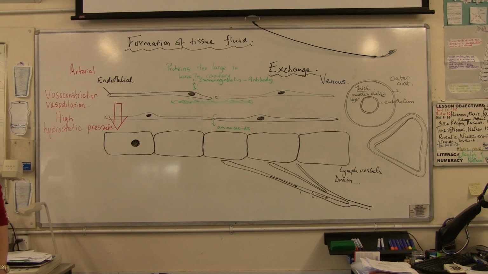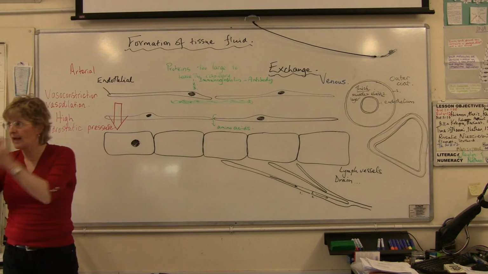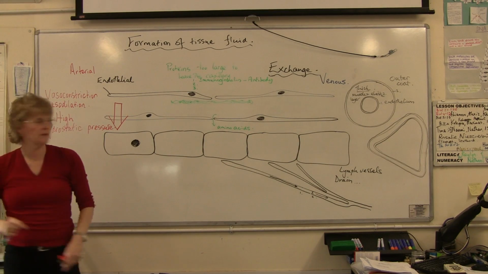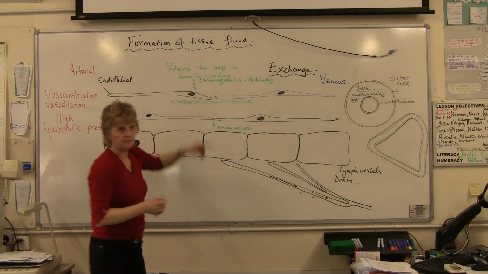Once that activated B cell becomes a plasma cell, it will then produce antibodies which will bind to that antigen, okay, and coat it and show the macrophage to engulf it, yes? Okay, good. So, we've got two more.